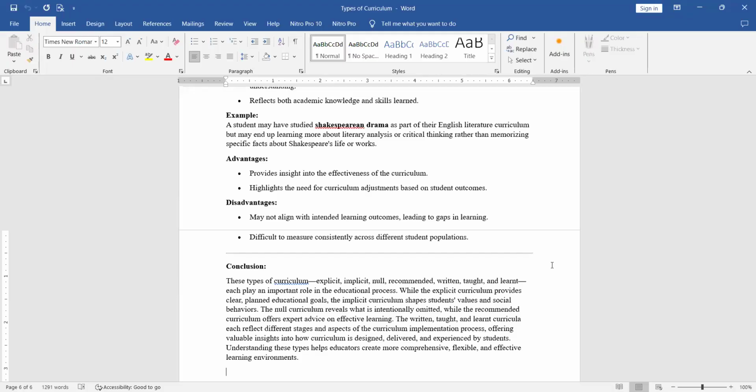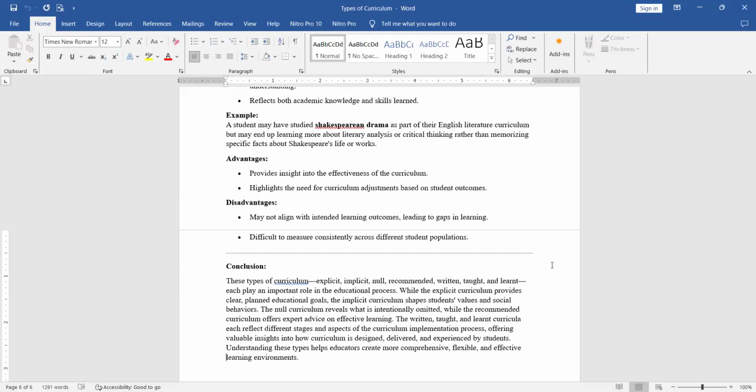Taught curriculum also may slightly differ from the written curriculum due to practical concerns and the immediate goals that the students have. Because of that, the teachers may change it. Learned curriculum is what the students learn from the written curriculum and from what is taught. It depends on their interest, needs, utility value, and like that.